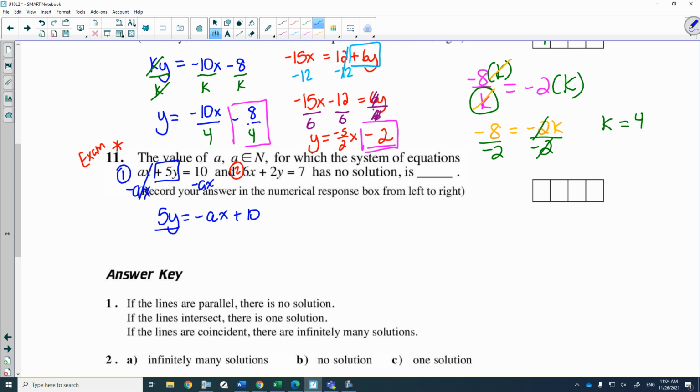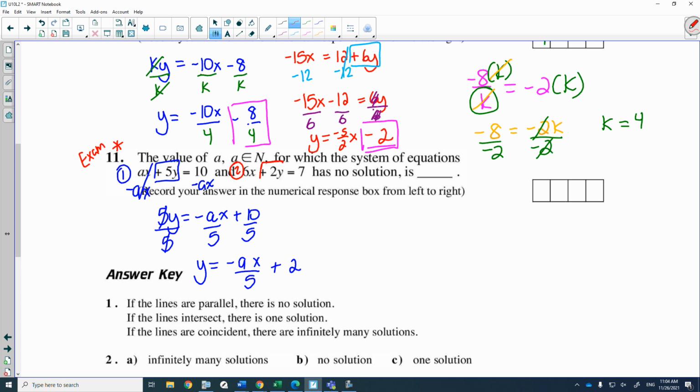From here, I'm going to divide by 5, divide by 5, divide by 5. This equation is y is equal to negative AX over 5 plus 2. So that's my first equation.